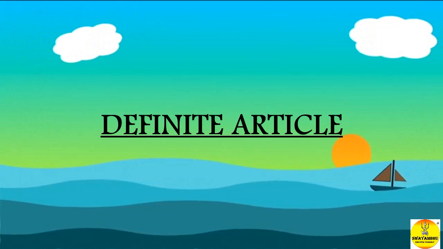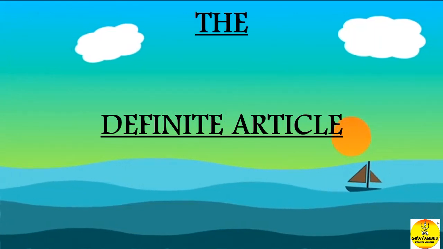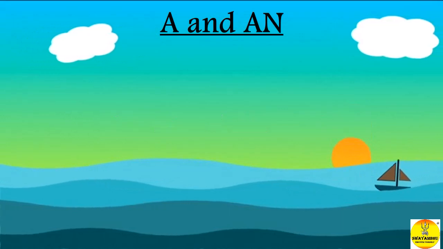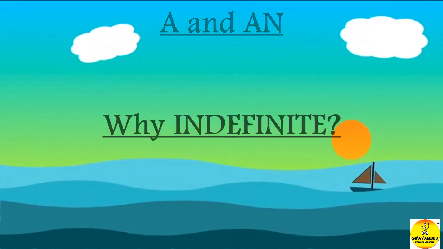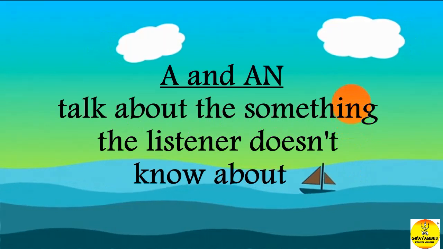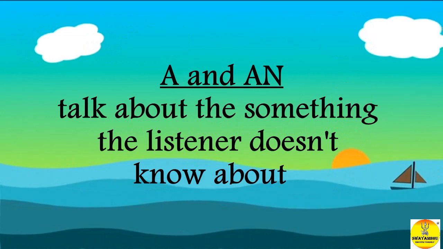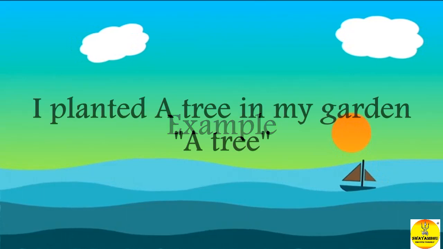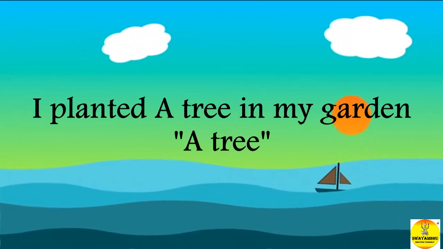Now let's come to the definite article the. I have already told you that a and an are indefinite articles. Why indefinite? Because a and an talk about something the listener doesn't know about. For example, I planted a tree in my garden.